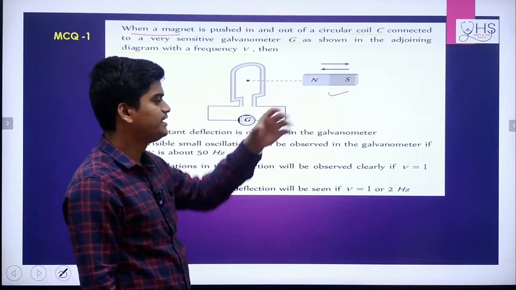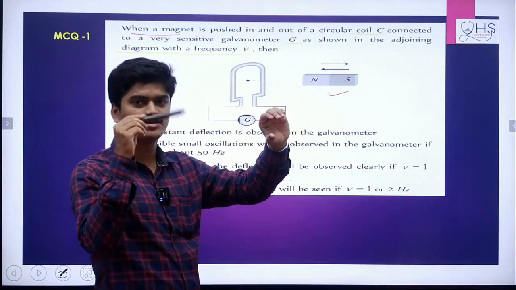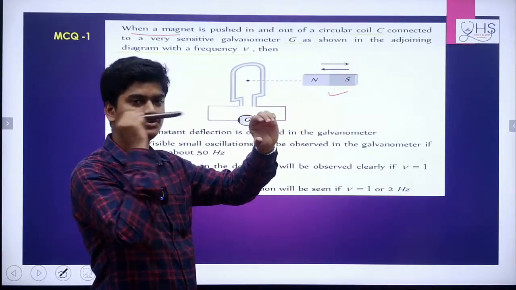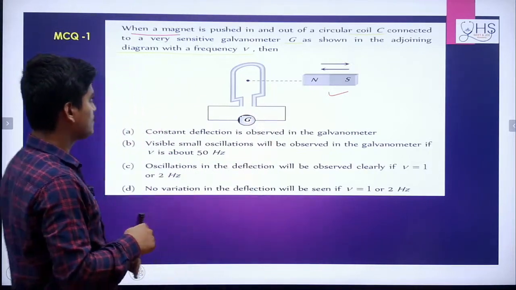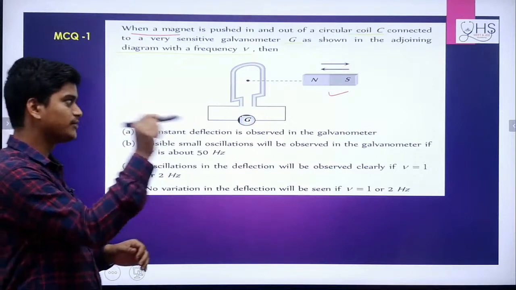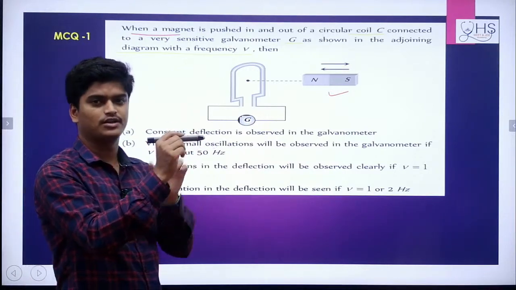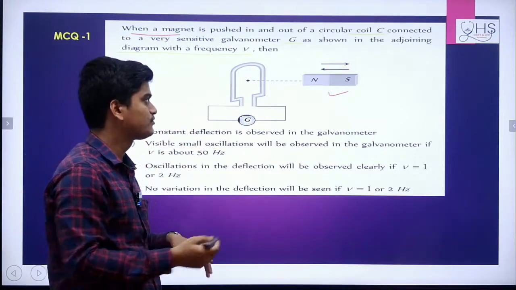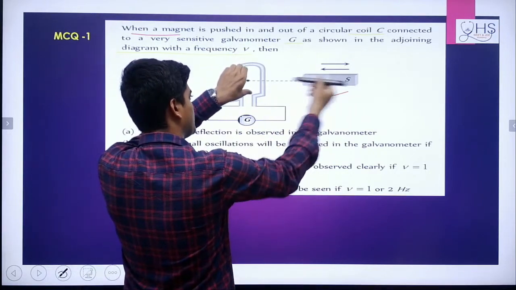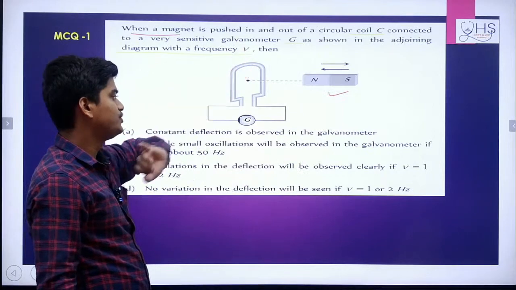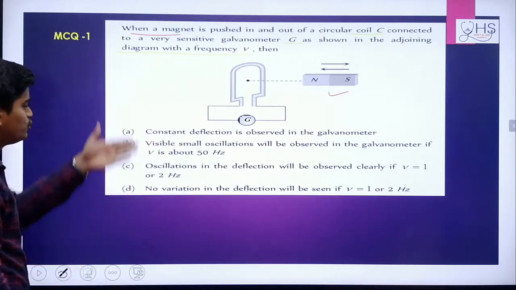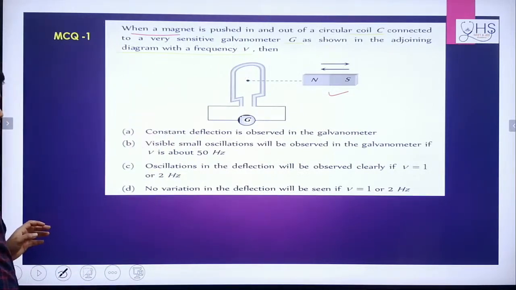In and out means that the magnet is taken out and taken in, again and again like that. If you do this, there will be some frequency of the magnet, which is basically called nu. Now they are asking which of the following options are correct.